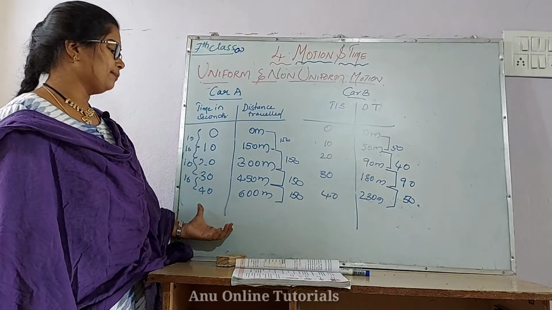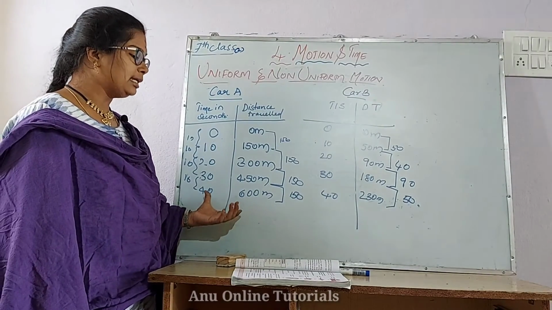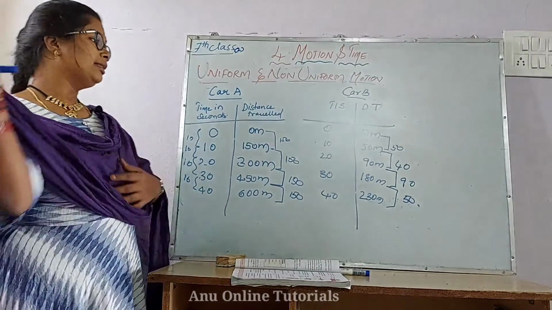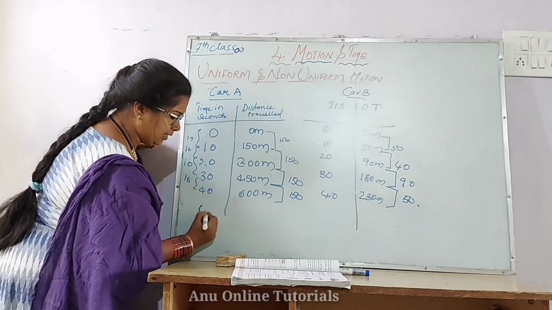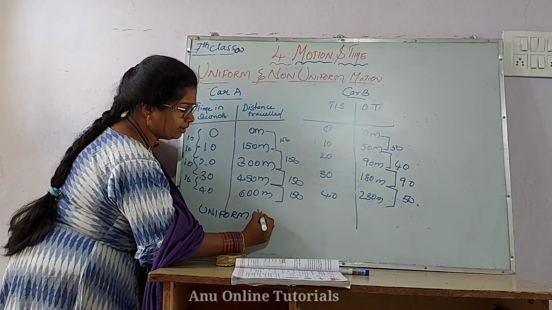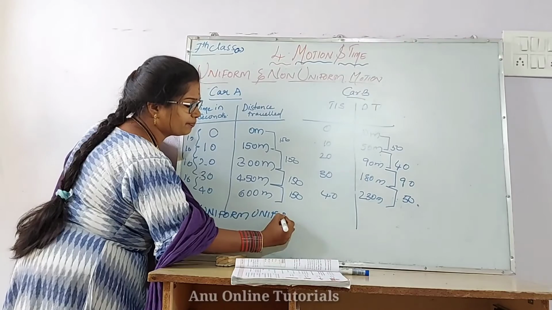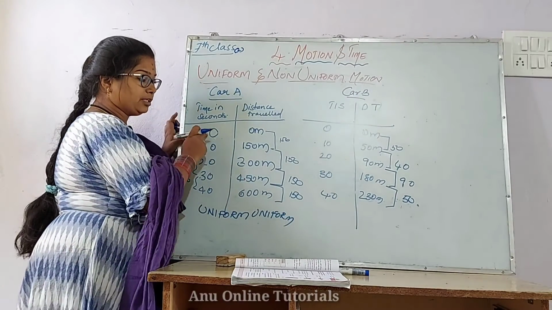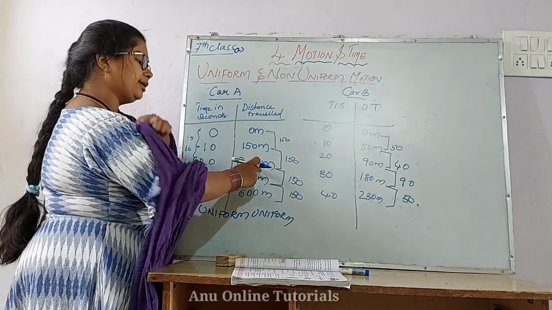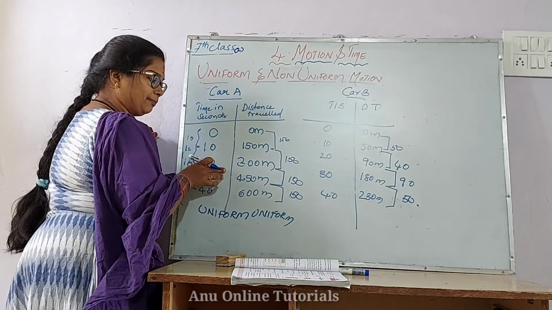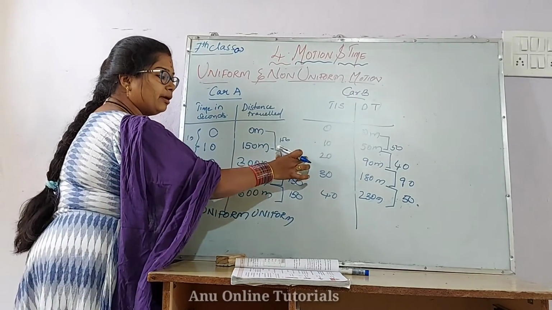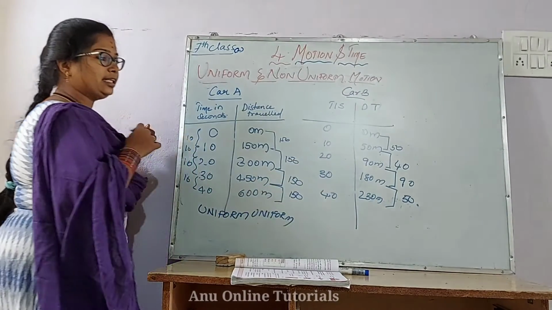So if a body covers equal distance in equal intervals of time, then it is said to be in uniform motion. See, 0 to 10, 150 meters. 150 to 300, again 150. The next 10 seconds, the next 10 seconds, the same distance it has traveled.